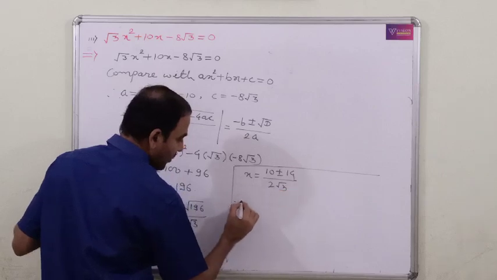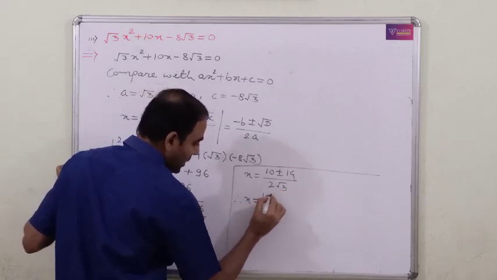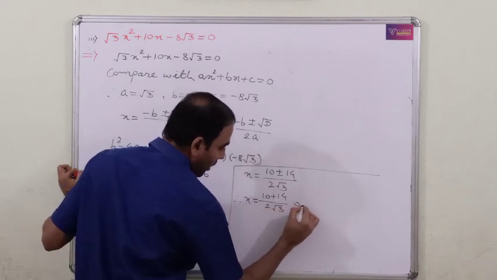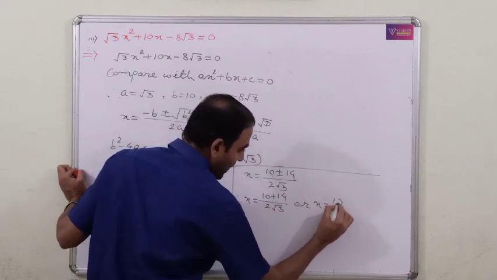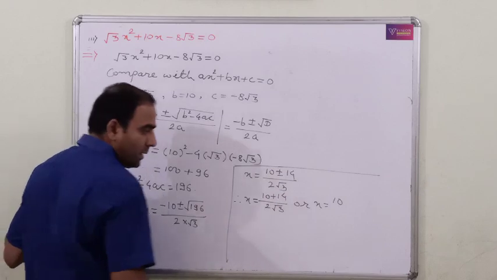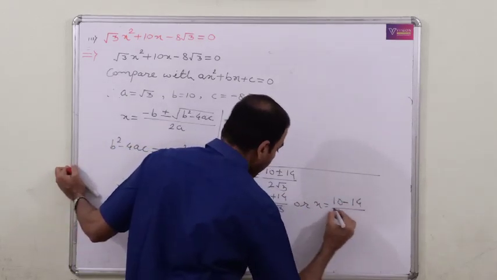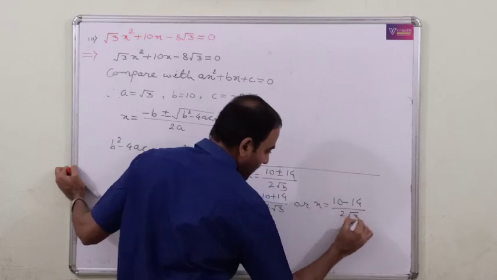So take first time positive, x is equals to 10 plus 14 upon 2 √3, or x is equals to 10, we are taking first positive and then negative, 10 minus 14 upon 2 √3.